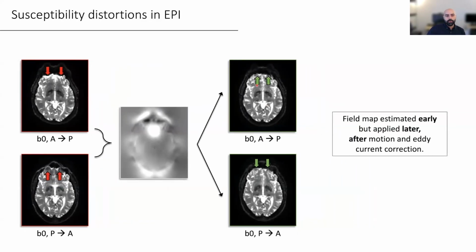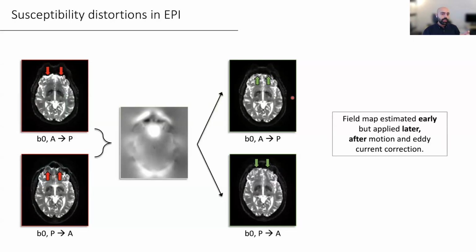Now, this is just a pointer about the field map. We estimate the field map early in the pipeline. So usually when we correct the data initially, before we pass it on to some command like eddy that's going to do motion correction, all of that, we pass a pair of B0 images that we acquired specifically for this purpose to a tool called, for example, TopUp.